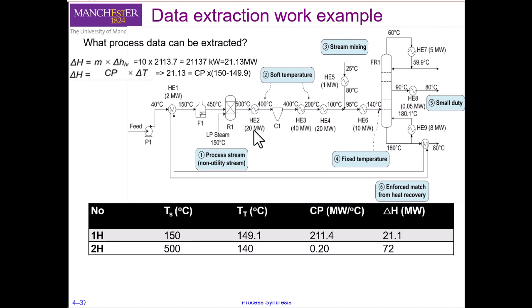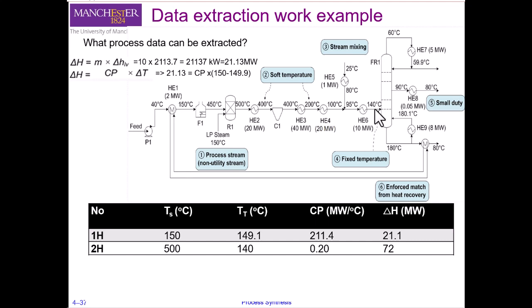We know the heat duty of this exchanger is 20, so delta H of 20 equals Cp times a delta T of 100 degrees centigrade, which gives a Cp of 0.20. Once you know the Cp of this stream, you can multiply it by the temperature difference, and that should give you the heat duty of going from 500 degrees centigrade to a final temperature of 140 degrees centigrade.